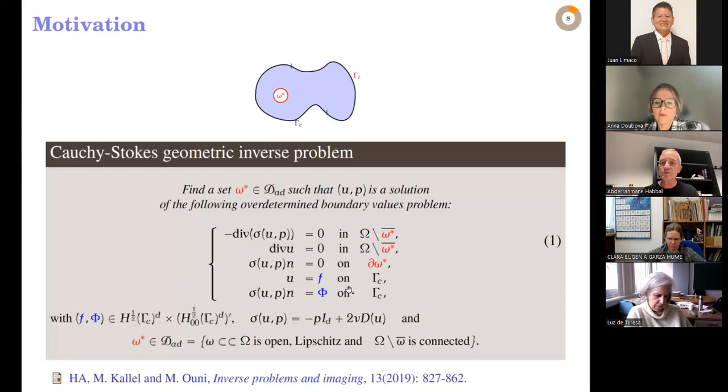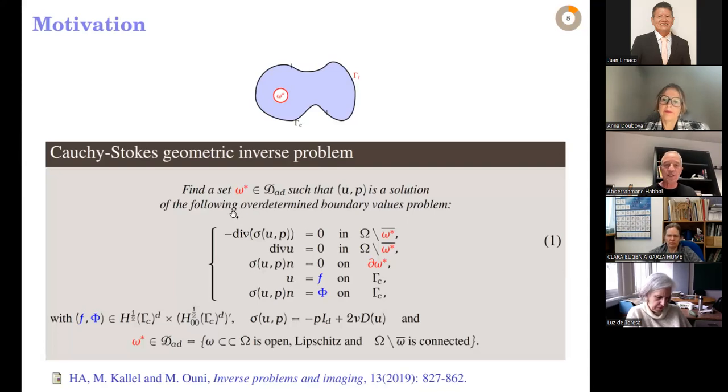So we have over-specified Dirichlet and Neumann boundary data on gamma C, and we want to recover U and the normal stress on gamma I, but also the inclusions omega star.